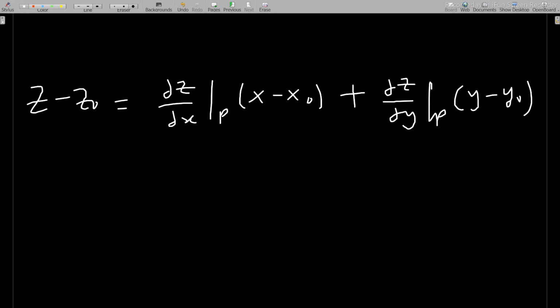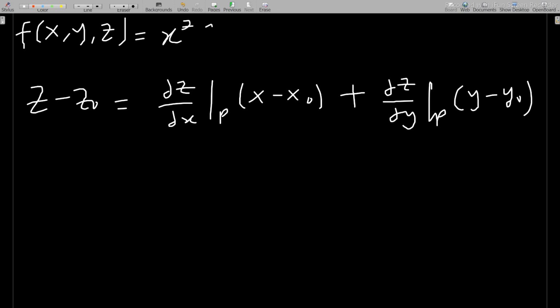Now with this, we know that from implicit, let me write the function. After putting everything on the left side, we said f of x, y, z will be equal to x squared z minus y cubed z to the 5th power plus xy minus 9. If you remember, we've done implicit differentiation in partial derivative.